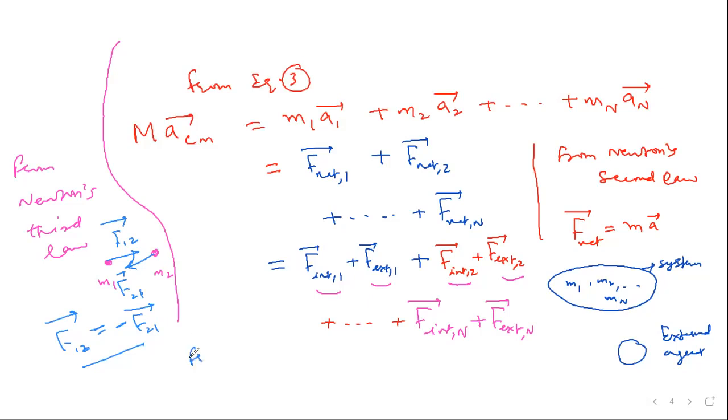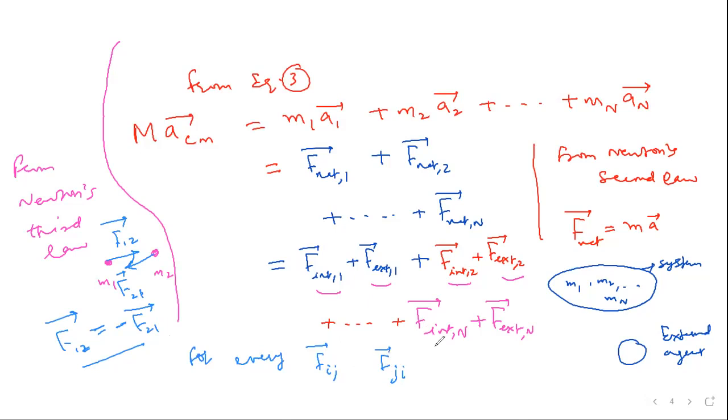In general, for every Fij, that's force on the ith particle due to the jth particle, there exists in this sum Fji, the force on the jth particle due to the ith particle. In the sum, this will be minus times the other one, so they will cancel out.